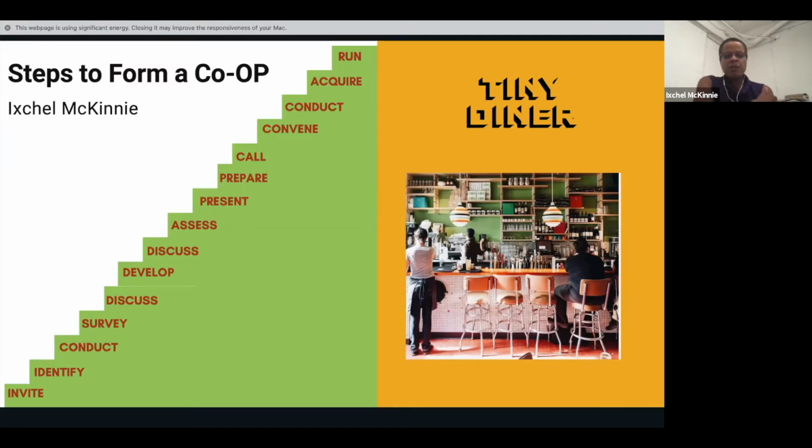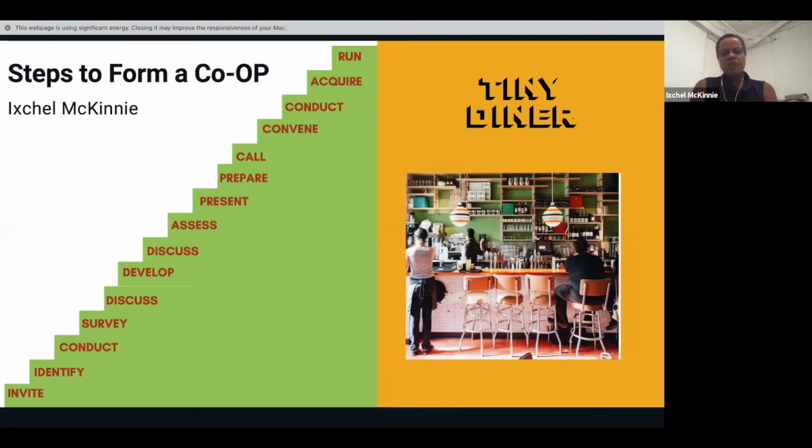If the group votes to continue, then you select a steering committee. And the steering committee does some heavy lifting. They're the ones who actively do the research and collect the data necessary to determine if this cooperative is viable and to actually form the cooperative.